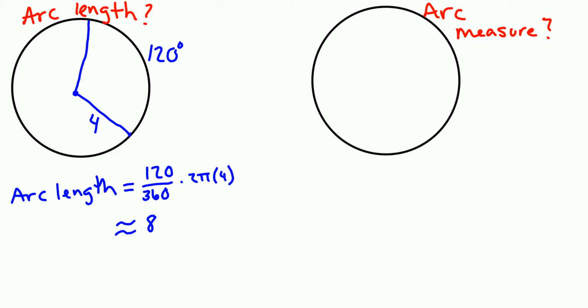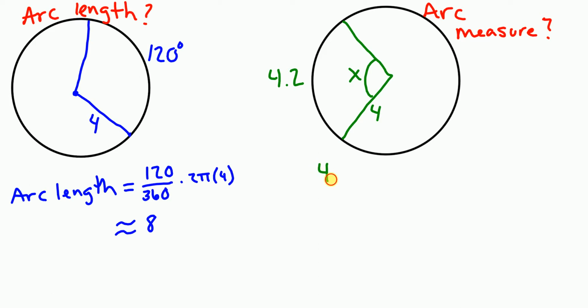Alright, so let's look at this example. Again, my radius is 4. This time I'm given that my arc length is 4.2. And I want to know what the arc measure is. So, again, we'll say that this is x, and we'll solve for x.